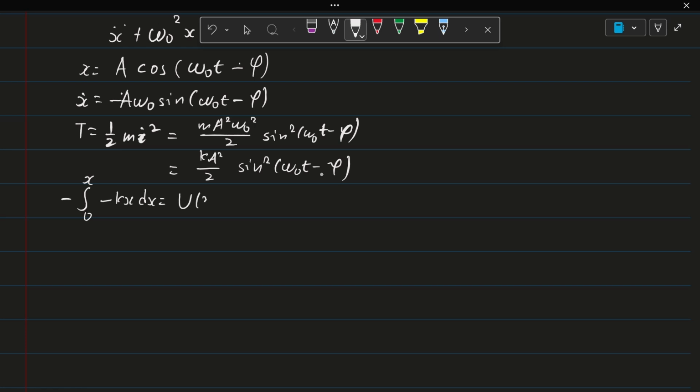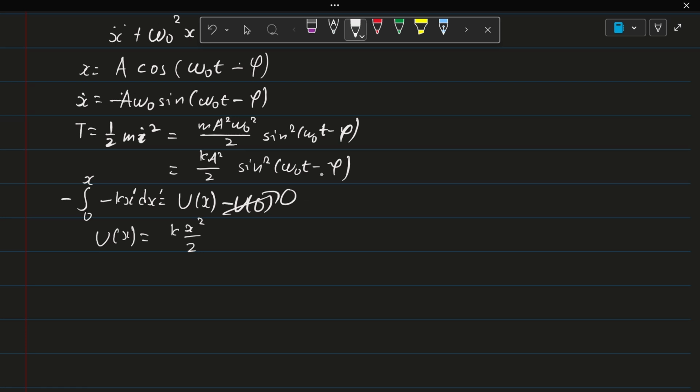So it's the U at x and U at 0, which we will denote to be 0. So let's just try to figure this problem out now. The potential energy with respect to position will later be kx squared over 2. So you could just do the integral straight away, and x would become x squared over 2.